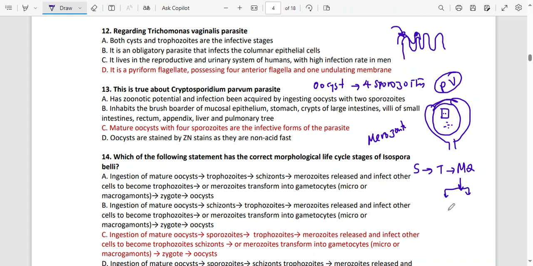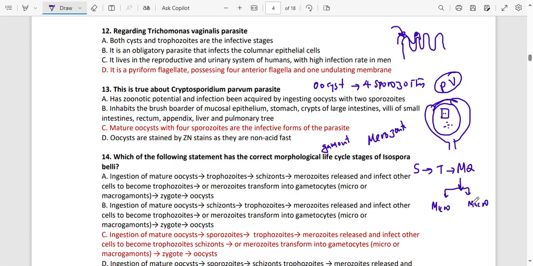The male, males for the worms are usually small, so we call it a microgamont. It's this word, gamont. So we're going to form the microgamont and macrogamont.